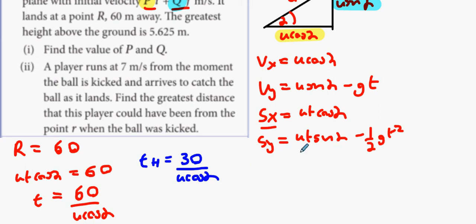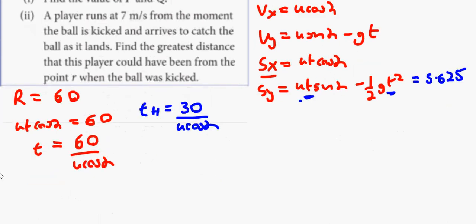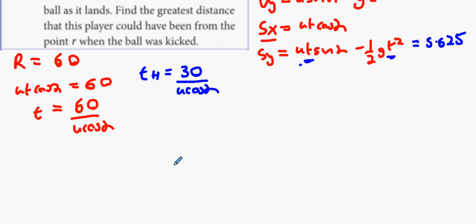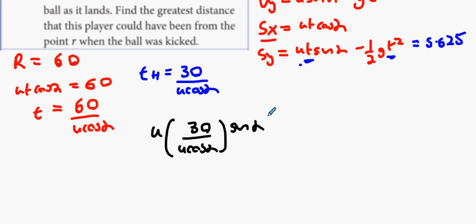Now, if I throw that into the sy equation for t, I'm sure the answer has to be 5.625. So let's work on that, see if it works out first. So, u times 30 over u cos alpha, sin alpha, minus, we'll do a half g is 4.9. I have a feeling we'll need it.